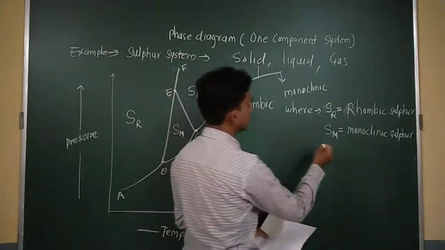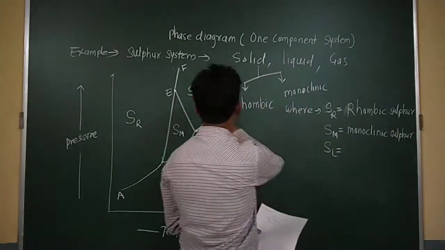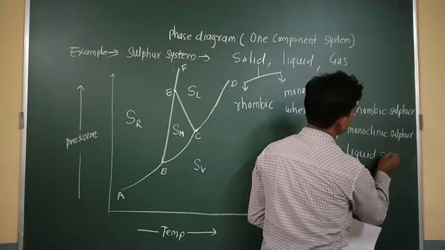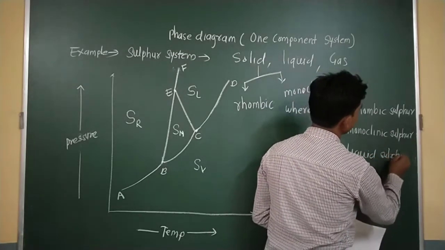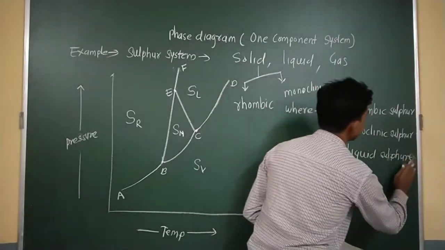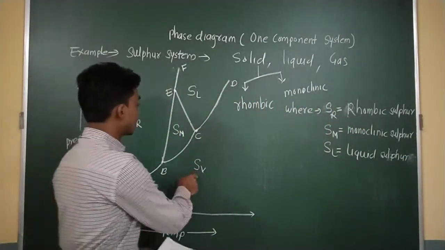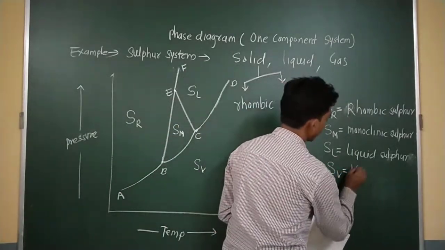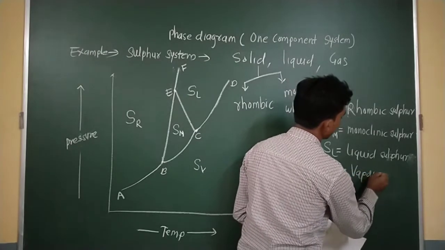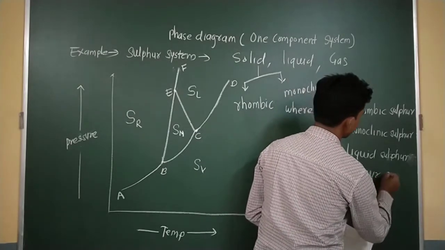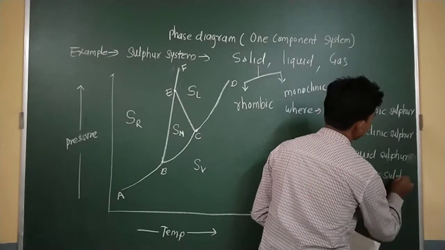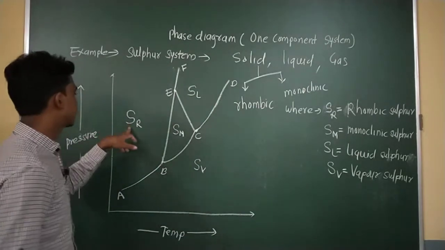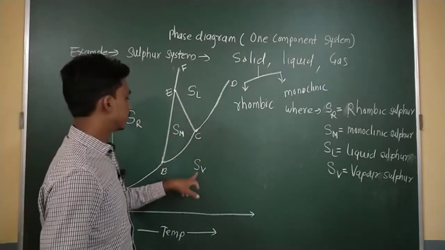SL means liquid sulfur, sulfur in the liquid state. After that SV, S with subscript V, that means vapor sulfur. Got it. All these things I have written here: SR, SL, SM and SV.